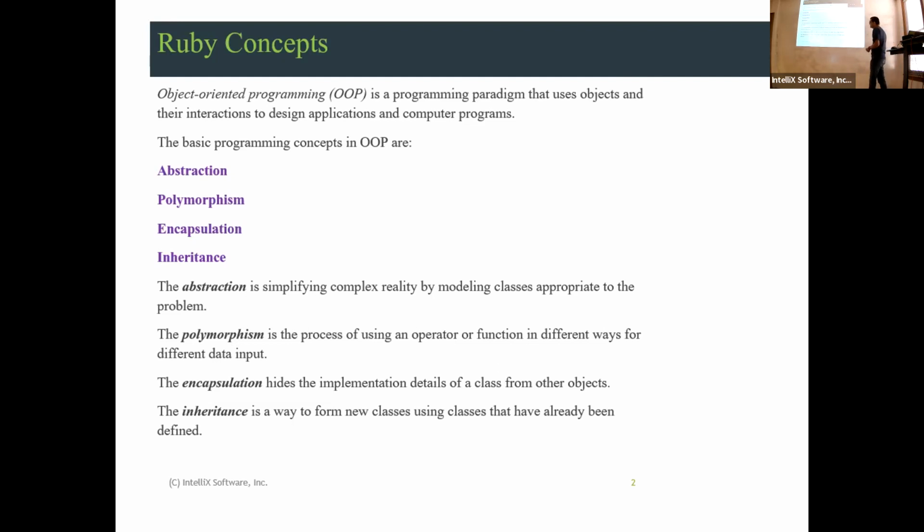Now polymorphism. Polymorphism is more like a process of using a function. You can provide different data inputs, and it will have different behavior. You write the function once, but based on the parameters you pass, you can put different logic in the function, so it will execute the code differently. So same function, but it can do different things for you.